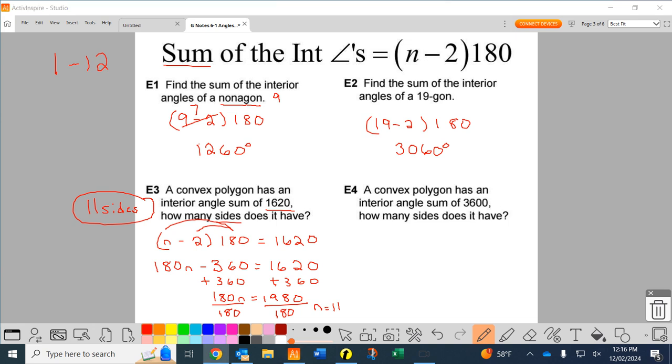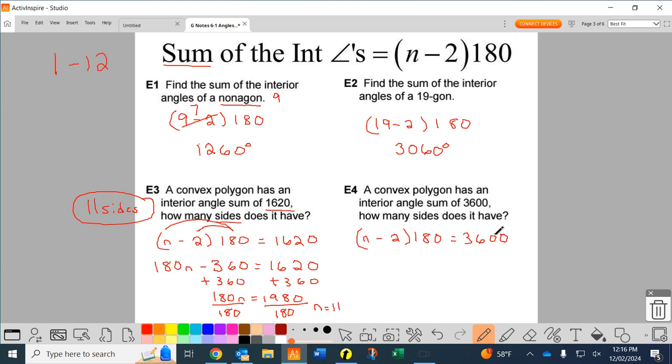So the next one is exactly the same. The only difference is that instead of being equal to 1620, it's going to be equal to 3600. So you set it up the exact same way. n minus 2. Use this formula for everything except the last ones, guys. This formula is used for almost everything. n minus 2 times 180, and then it's equal to 3,600.